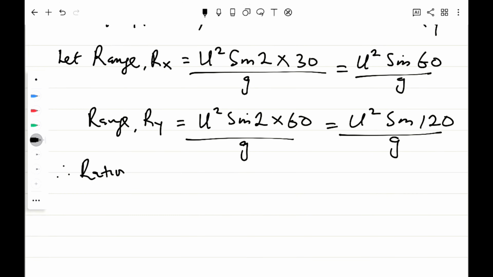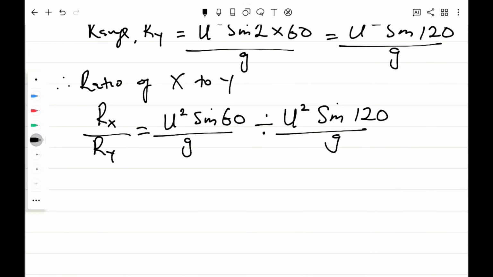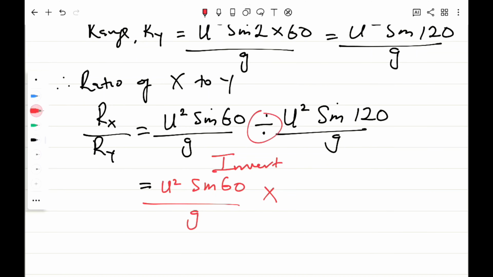Are you here? So I'm going to divide the R of X over R of Y. Let's substitute so that you have U squared sine 60 over G divided by U squared sine 120 over G. If you invert this, your division sign will change to multiplication, so that U squared sine 60 divided by G multiplied by G all over U squared sine 120.